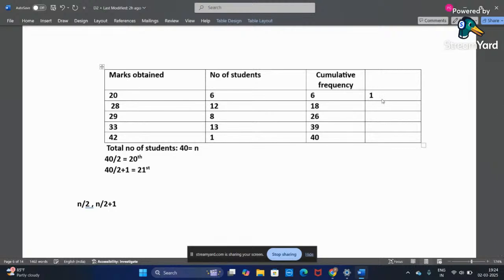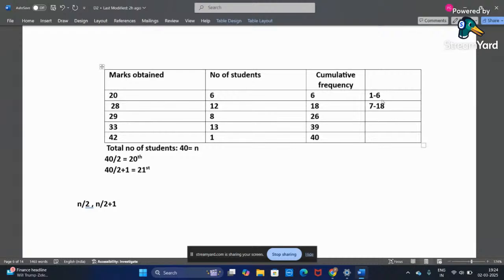From 1 to 6 members have scored 20 marks. Then 18. Okay. From 7 to 18 members have scored 28 marks.